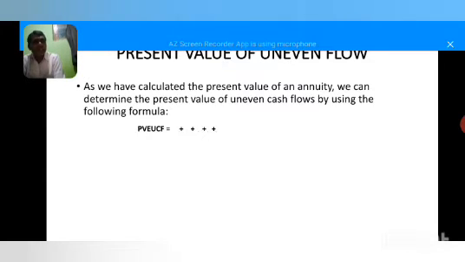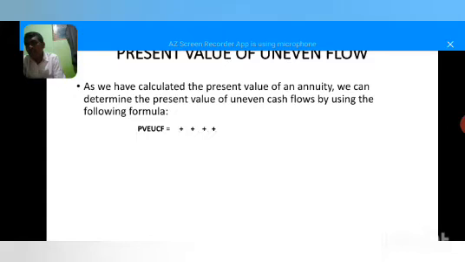But in the case of uneven flow, the cash flow varies from year to year. As we have calculated the present value of an annuity, we can determine the present value of uneven cash flow by using the following formula.